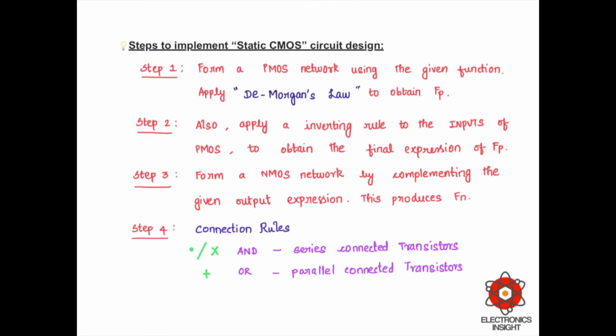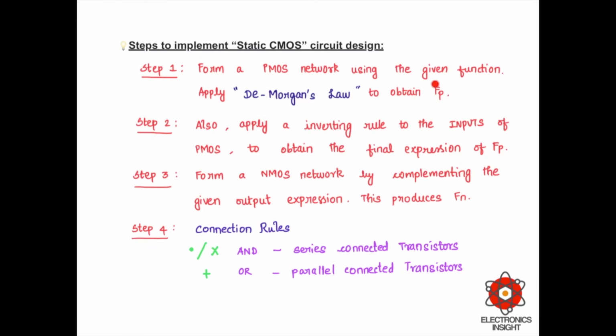Now let us see the steps to implement a static CMOS circuit design. Step number 1: we should form a PMOS network using the given function, but at the same time we should apply De Morgan's law to obtain an expression called FP, which is going to denote the expression for PMOS.